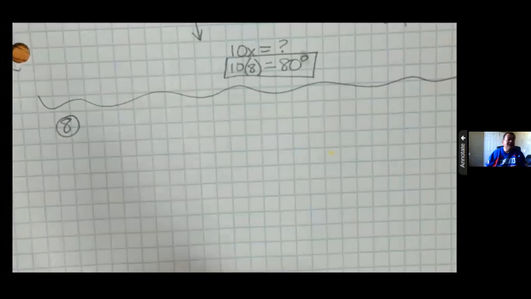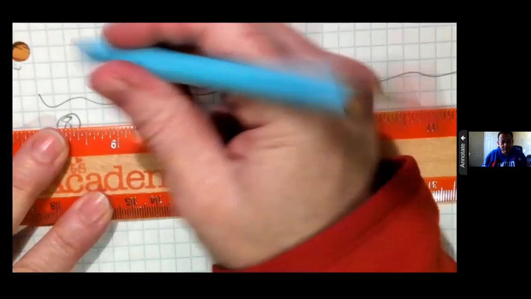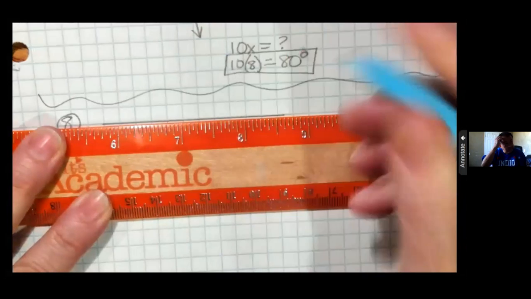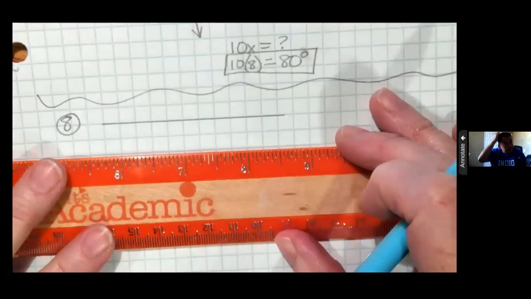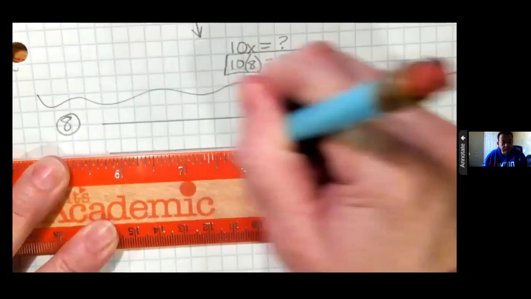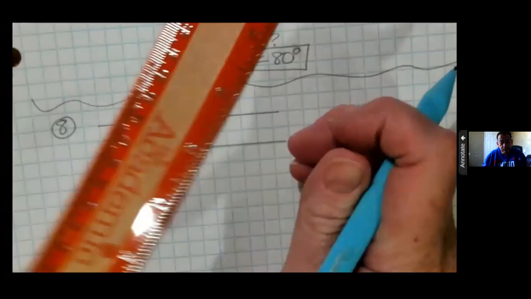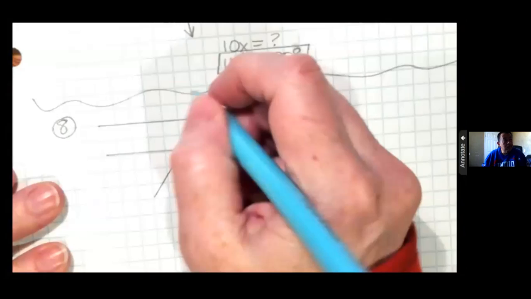He just wants me to practice with my new ruler. It's all good. All right. No guarantees my ruler will make my line straight, but I'm doing my best. All right, here we go. And put that off to the side.